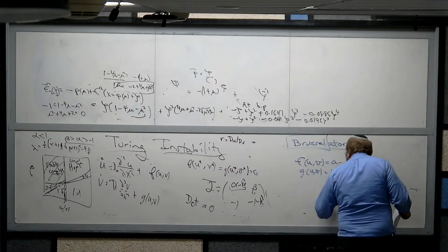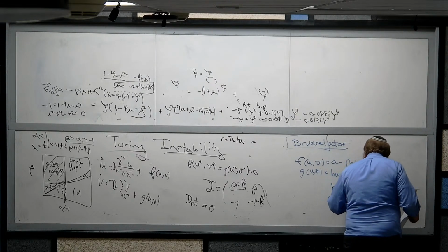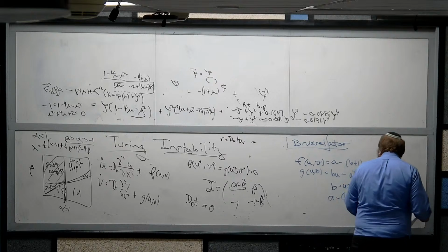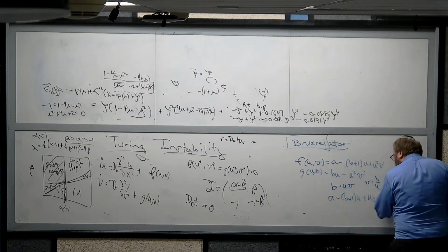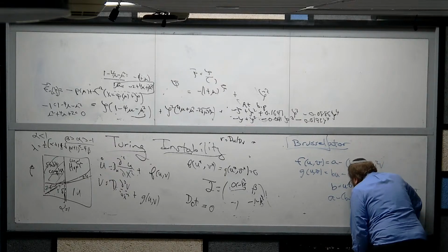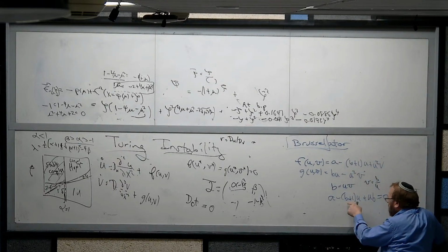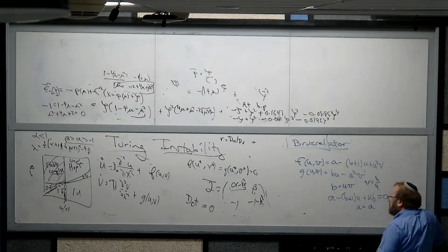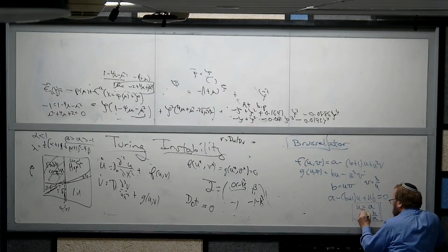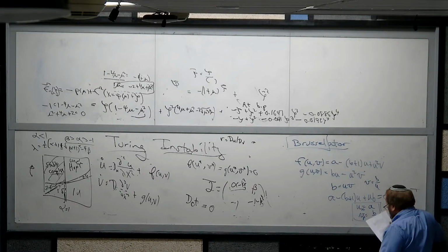Then this equation says that a minus (b plus 1) u plus u b equals 0, a linear equation for u. The u b cancels the u b, and therefore u equals a, and V equals b over u, so it's b over a. That's the steady state.